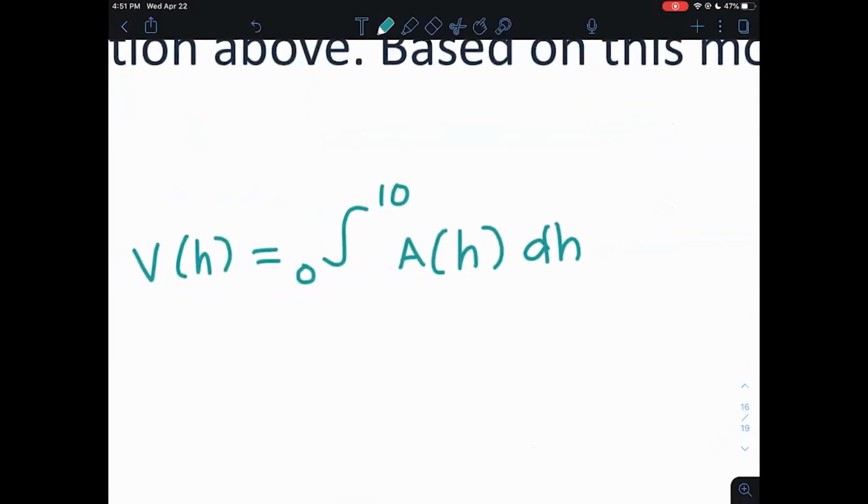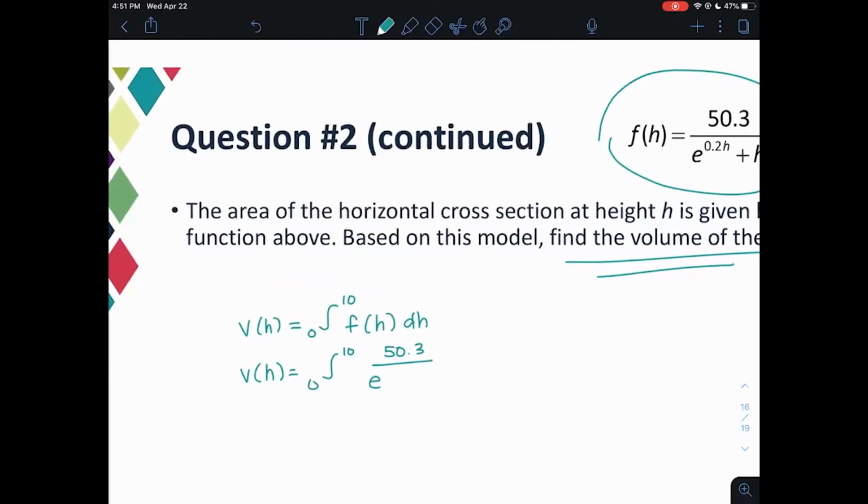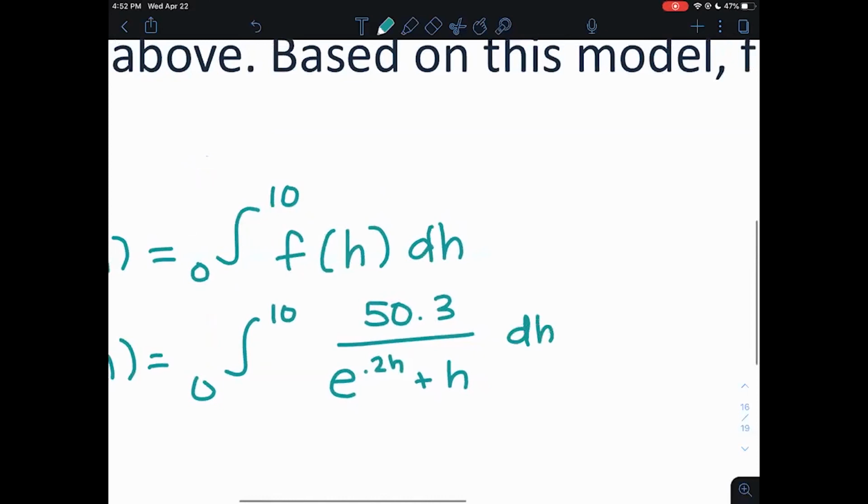So instead of this, I'm going to write f of h because that is what the problem now says. And then I can say that this is the integral between 0 and 10 of 50.3 over e to the, what is it, 0.2h plus h. Oh, sorry, and dh, don't forget that part.